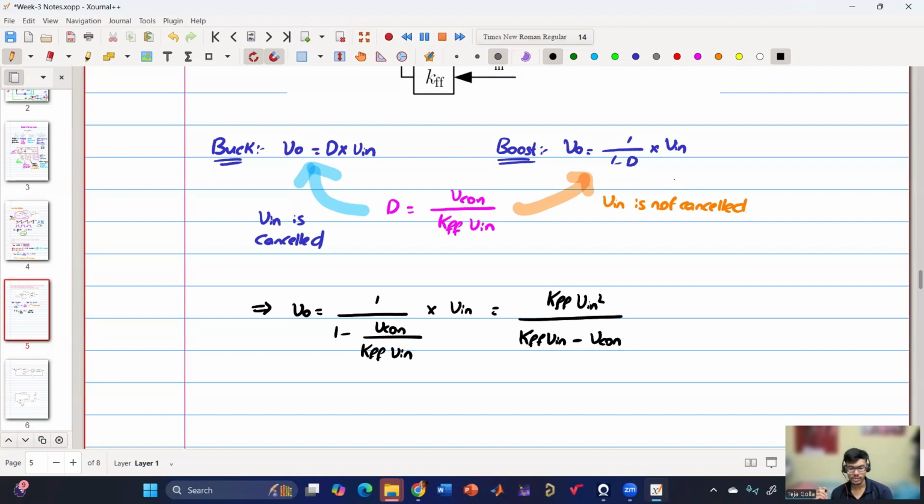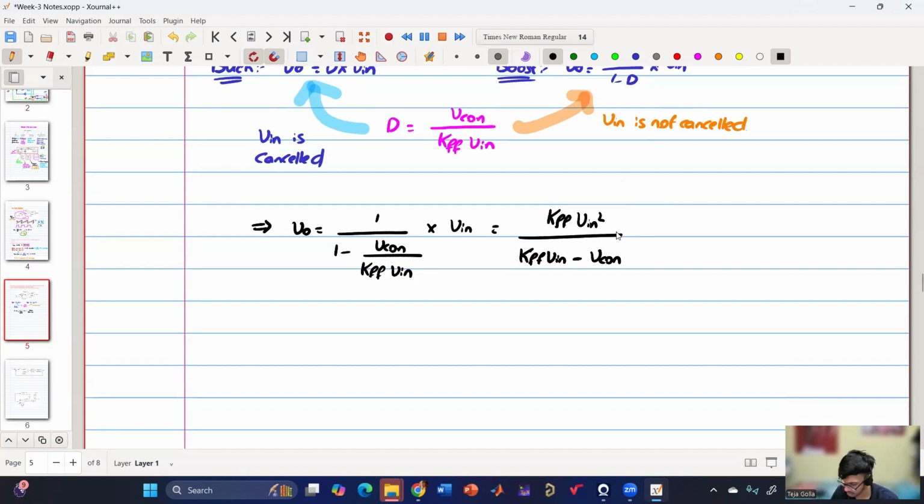So now you tell me, if the input voltage increases, whether V naught will increase or whether V naught will decrease. If Vin increases, then what will happen to V naught? Can't say actually, because it might increase or decrease, right? Okay, when can it decrease?